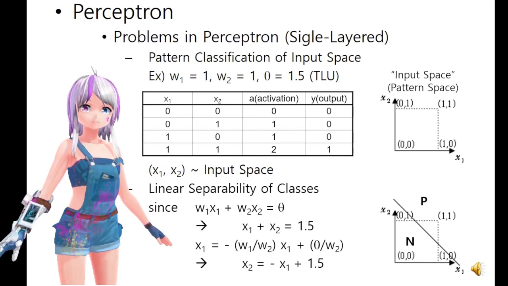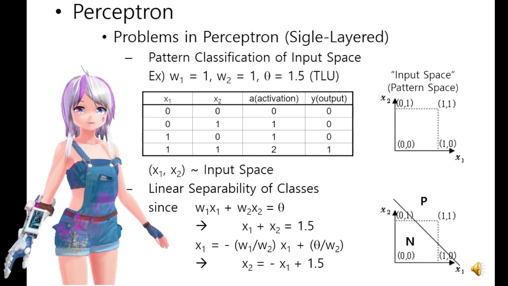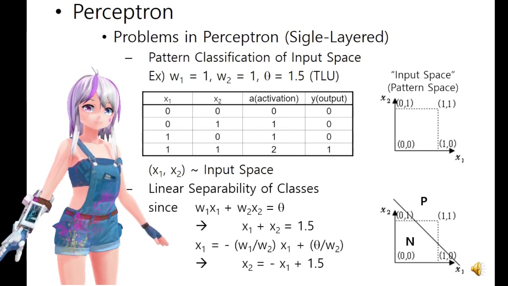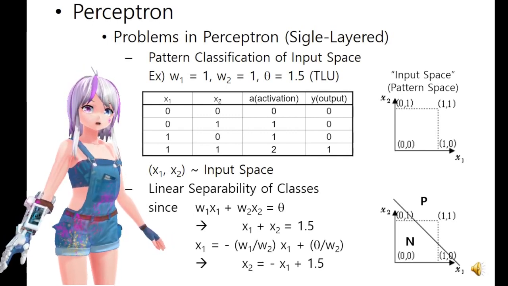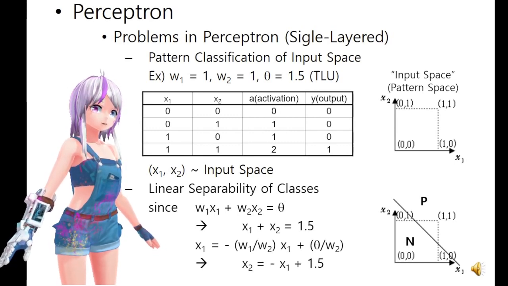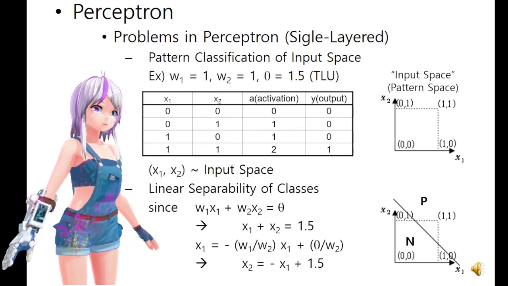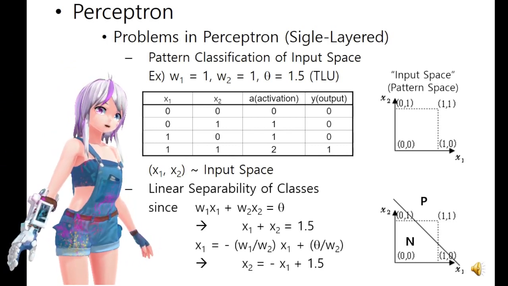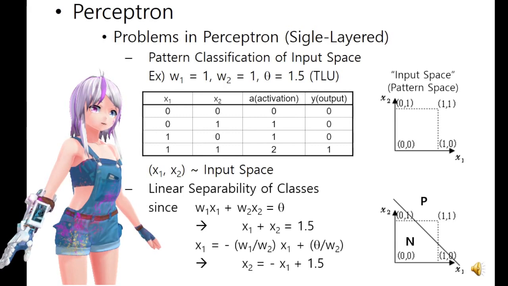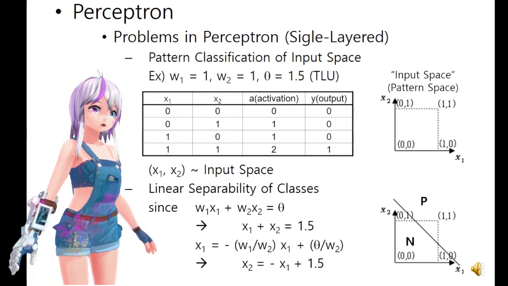If you rewrite this equation with respect to x2, then x2 is minus x1 plus 1.5. So we have a linear line with a minus 45-degree slope and an intersection of 1.5 on the x2 axis.